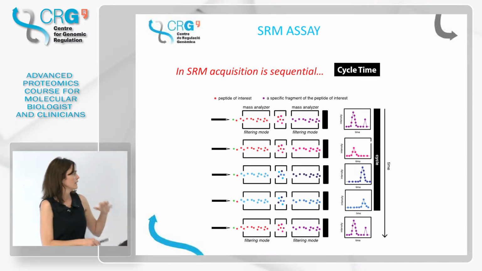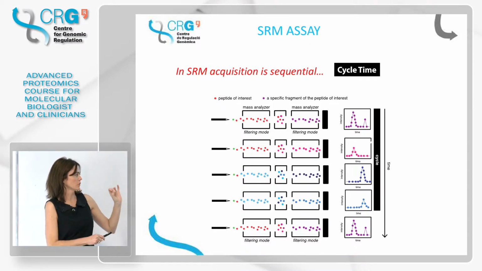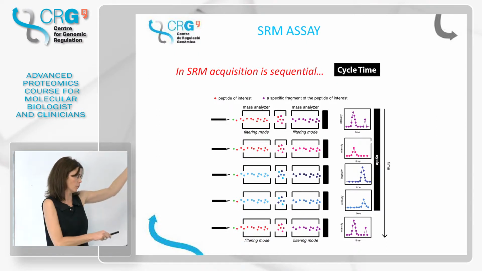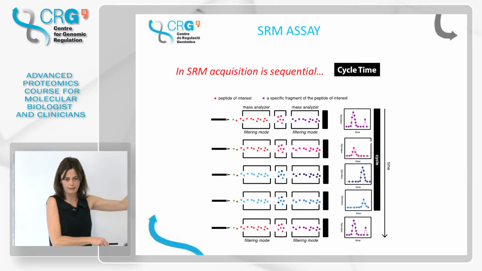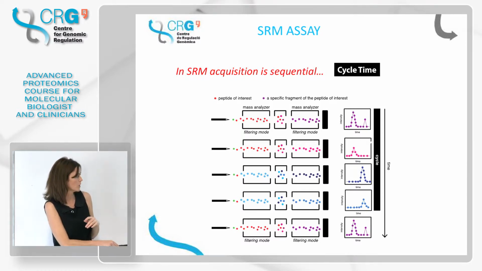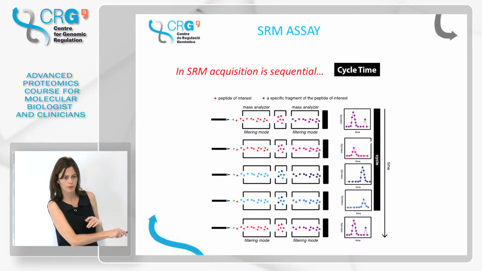In SRM, the acquisition is sequential. The cycle time is the time that we spend measuring everything we want to measure. In this case, we can measure more than 4 transitions, but for the illustration we are measuring 4 transitions. When we finish, we go back to measure the first one.